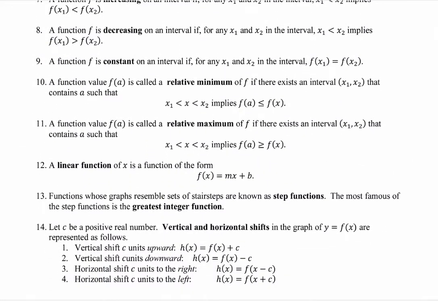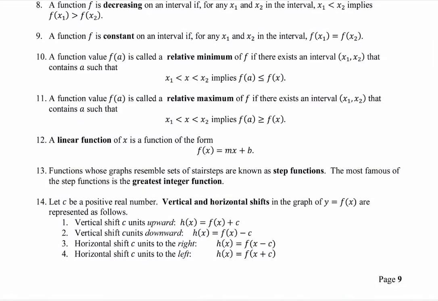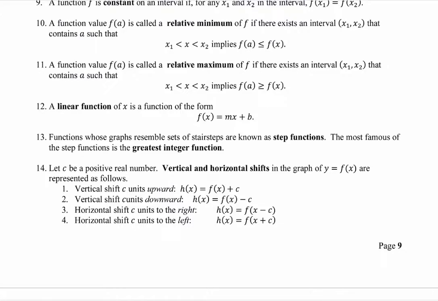All right, now let's talk about increasing, decreasing. We're going to talk more about those as we go along. We're going to have relative max and mins. So if I have a function, here's x, here's y, and say I have a function that goes like this.